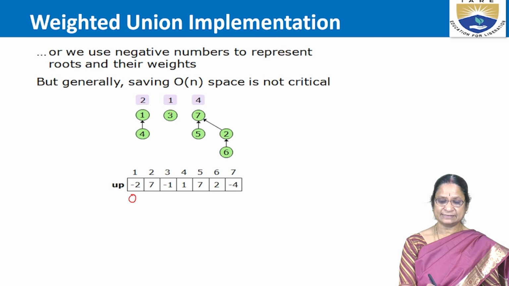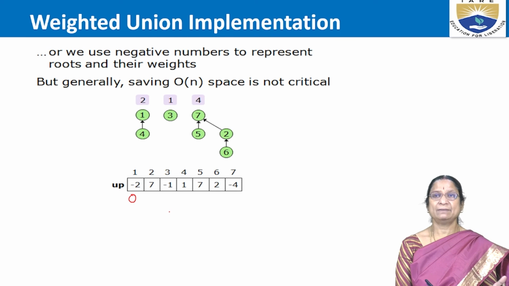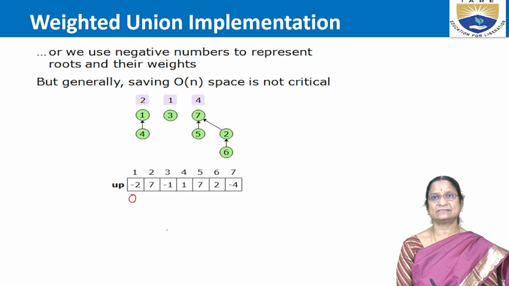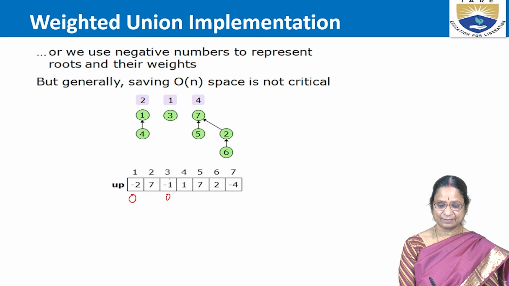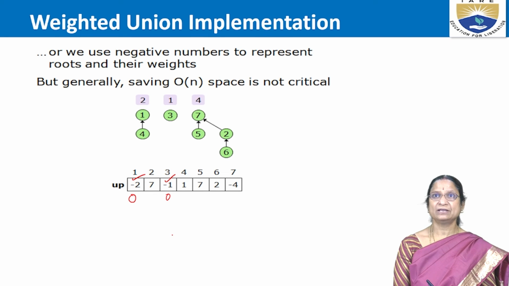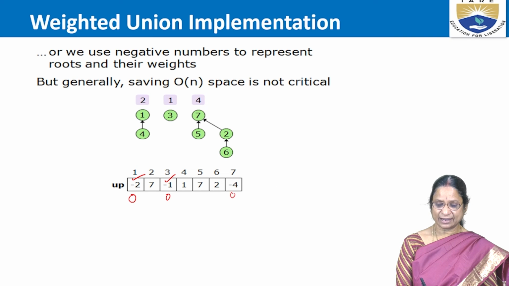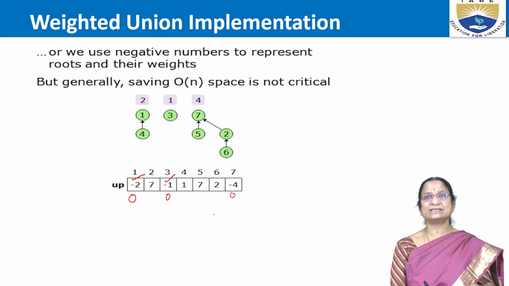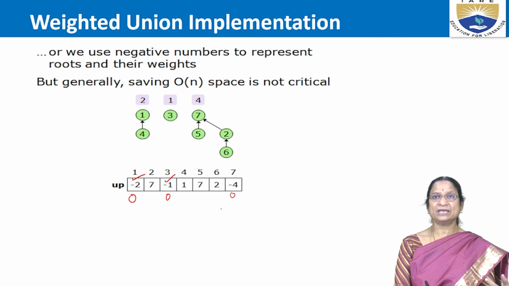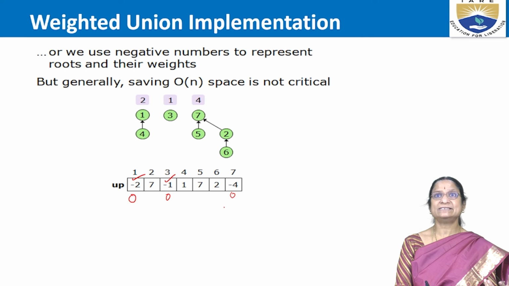Here 3 is a tree, the name of the root, and only one node is there. The weight of the tree is 1, so we represent it as -1 now. Previously it was 0. The third tree is the 7 tree. In the place of 7 we previously had 0, meaning no parent, but now we represent its weight.